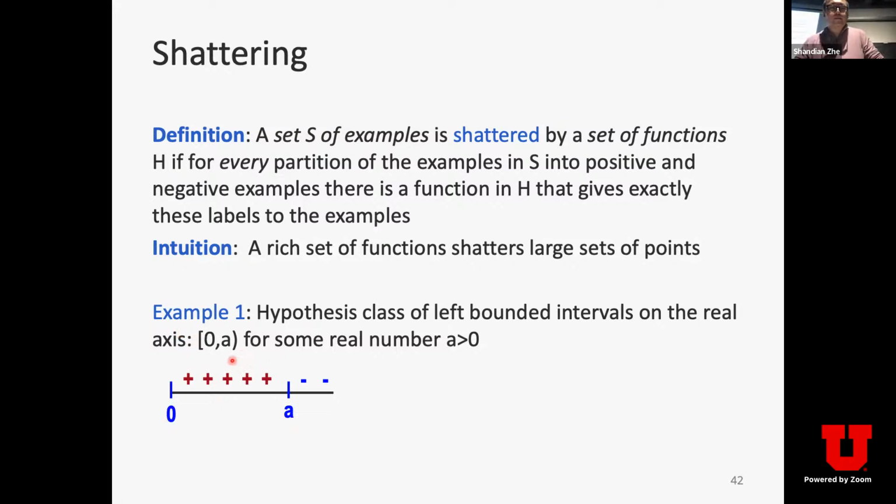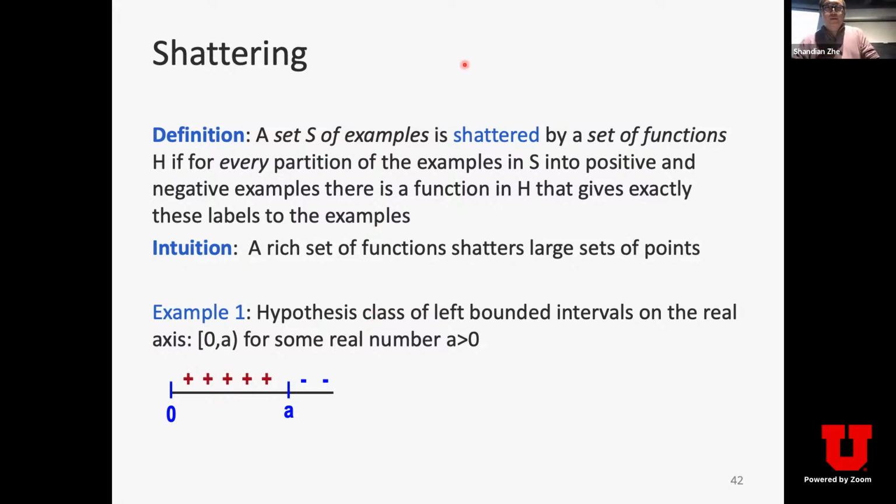This classifier classifies all the points inside the interval as positive and outside as negative. So first, can left bounded intervals shatter one point? It does.